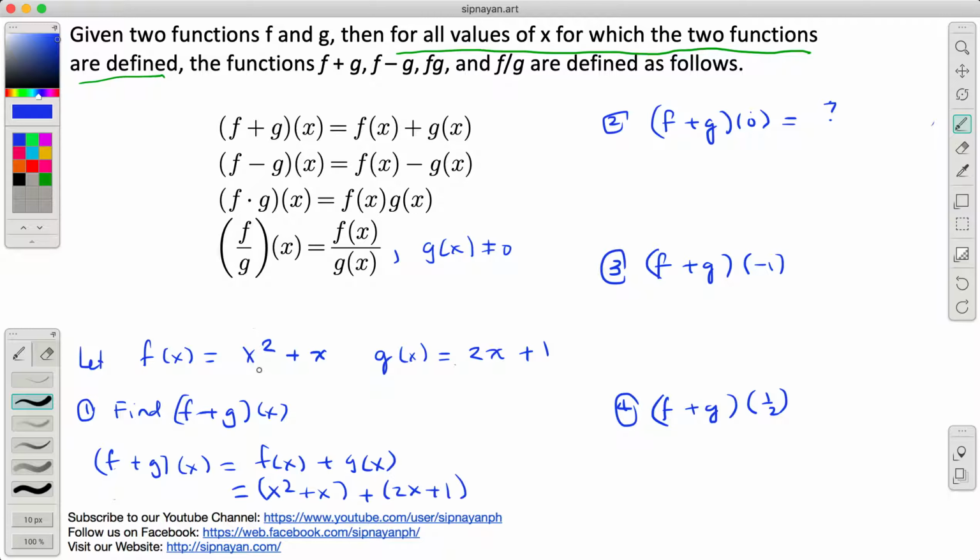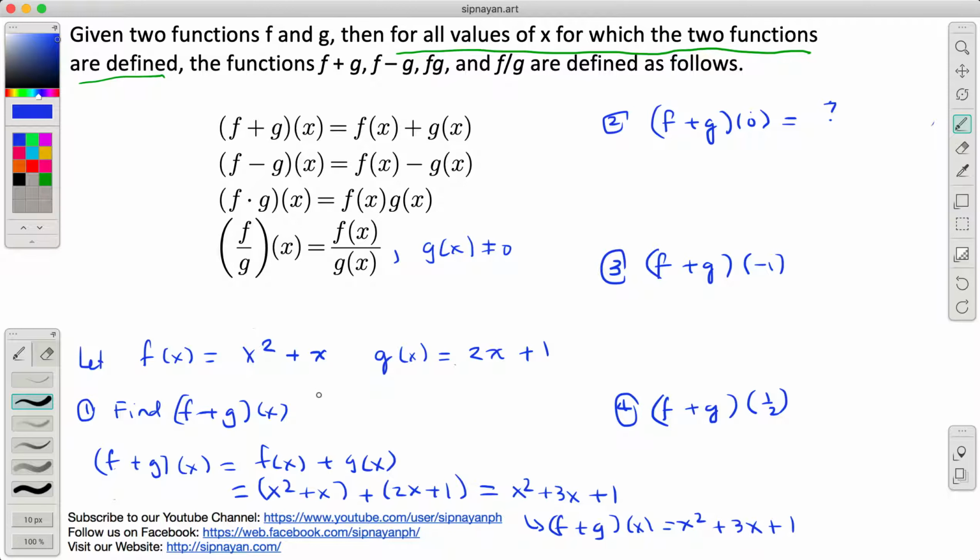So we add these two, and it becomes x squared plus 3x plus 1. It's simple addition of polynomial expressions. So this is our resulting function: f plus g of x is equal to x squared plus 3x plus 1.